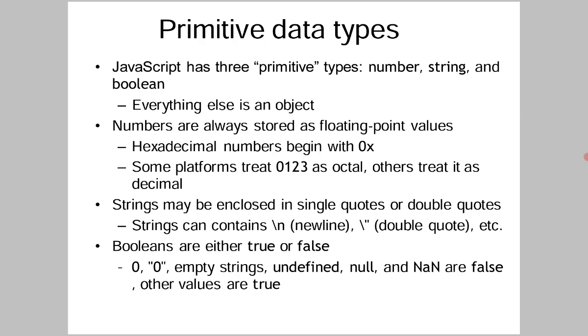In HTML everything is treated as an object, and every object has some properties, some methods and some actions. Similarly, numbers are always stored as floating point values.